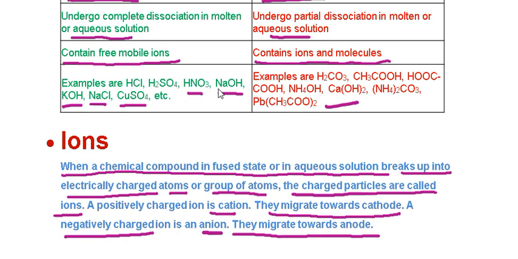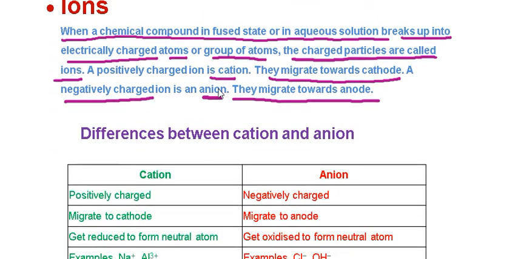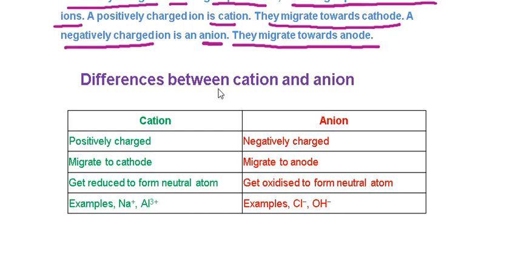Let's see the difference between cation and anion. Cation is positively charged, anion is negatively charged. Cation migrates to the cathode, anion migrates to the anode.